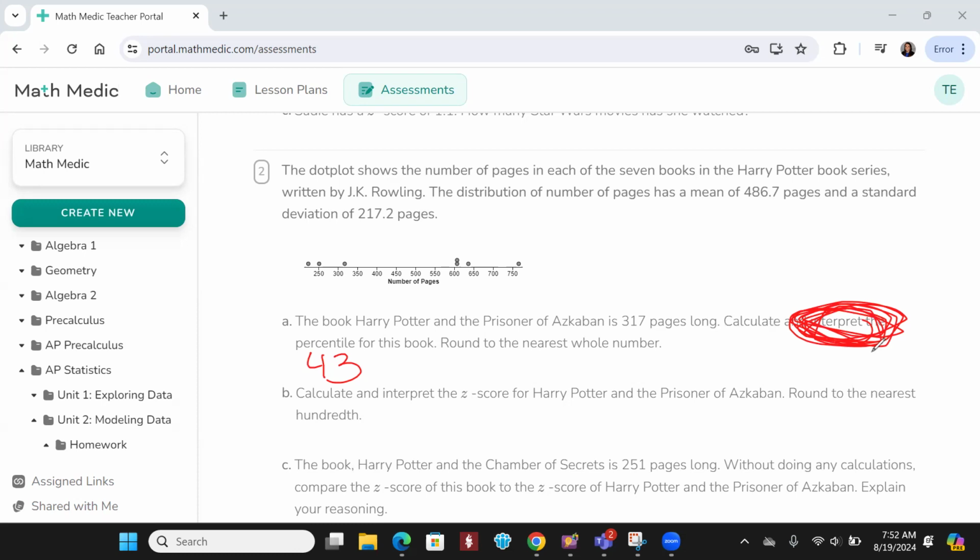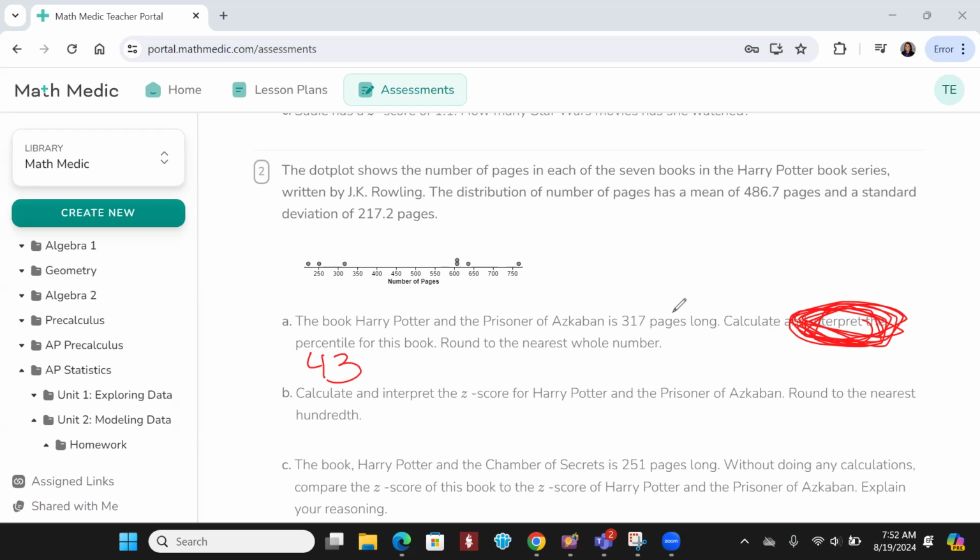Greater than or equal to 43% of the books? If I'm in the 90th percentile, I'm 90% greater than everybody else who's taking that test, right? Good? Okay. Harry Potter books or the same books? Harry Potter series. Yep.